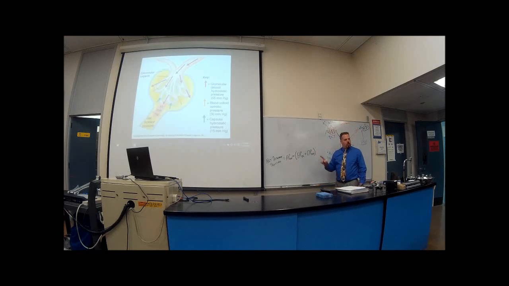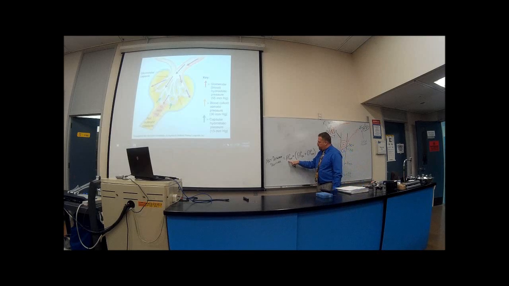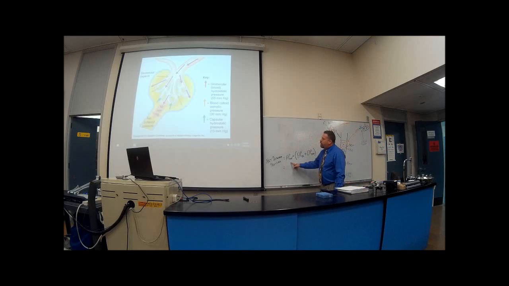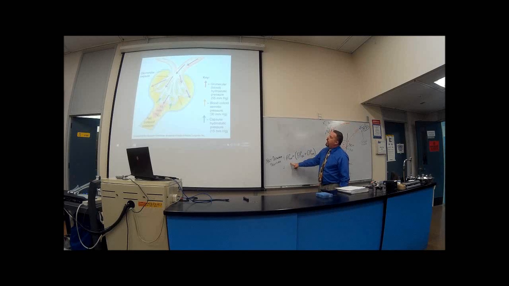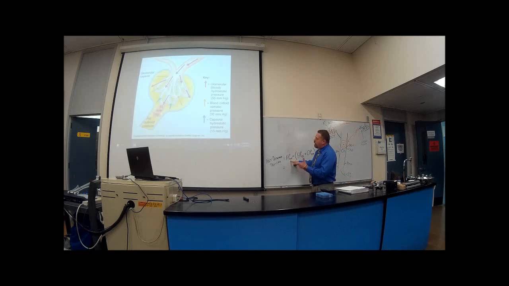Does that make sense? Look at the numbers up there. This is the one that's going to go out. This will push it back in. This will push it back in. That's how it came out. There is no oncotic pressure of Bowman's capsule because there are no proteins out there. Now, we just plug in numbers. The hydrostatic pressure of the capillary is, well, they're calling it glomerular, same thing.